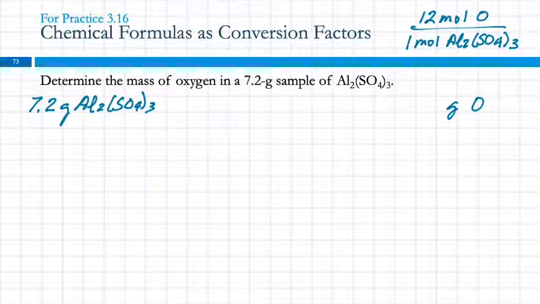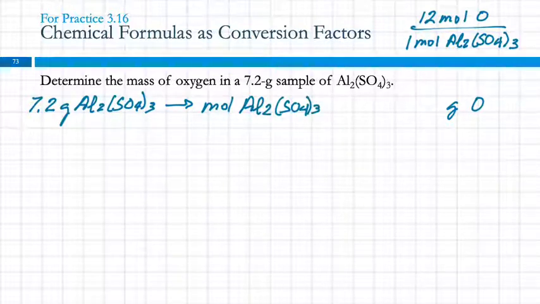That's what we just looked at on the previous slide. So I have the relationship between the compound and the oxygen in moles. So this is another place I'm going to have moles in the middle. I can convert grams of the compound to moles of compound using the molar mass.